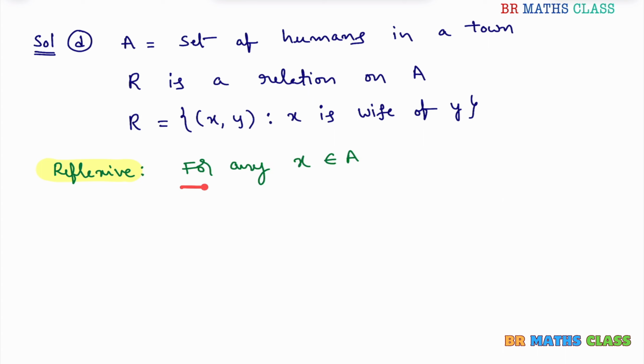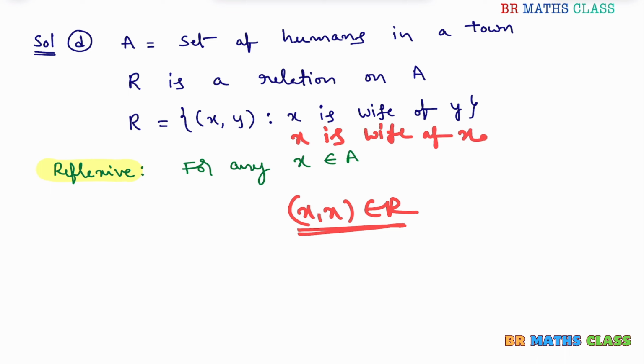For any x in A, I take an x in set A. That means x is a human. We need to check whether the order pair x comma x belongs to the relation or not. If x is wife of x, then the order pair x comma x belongs to the relation.